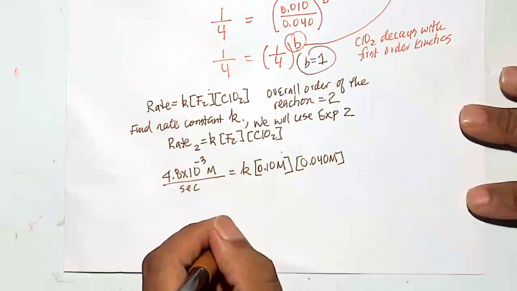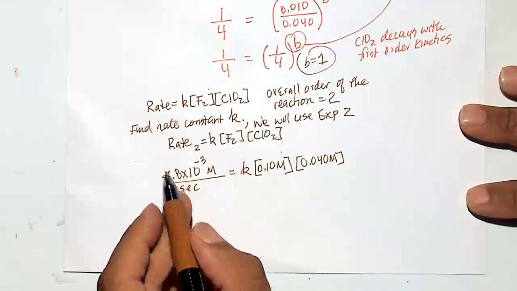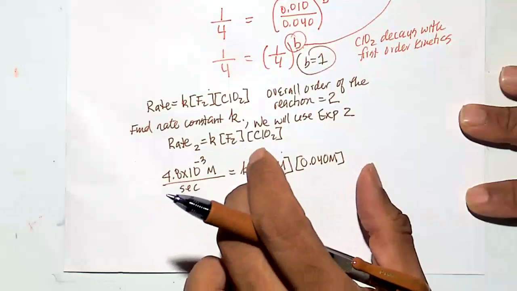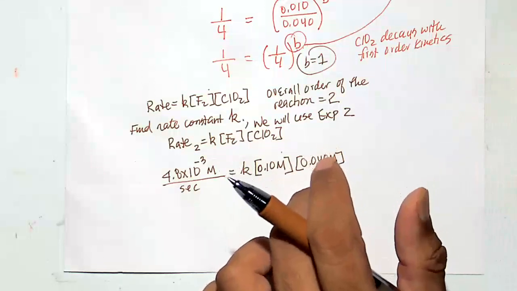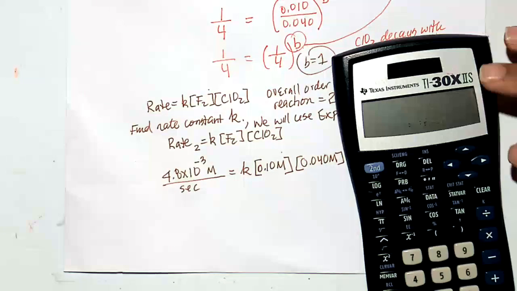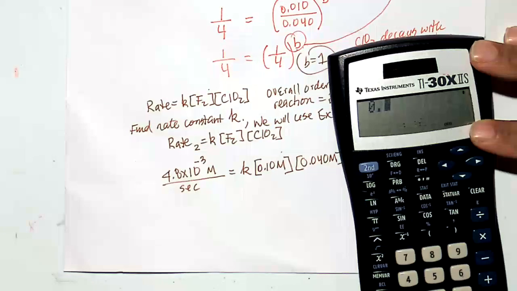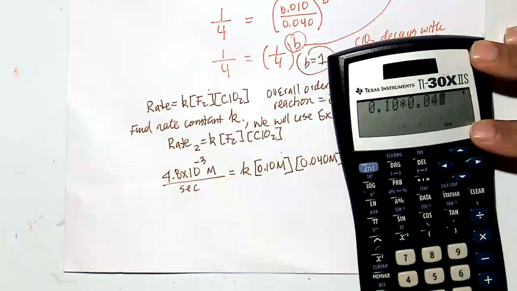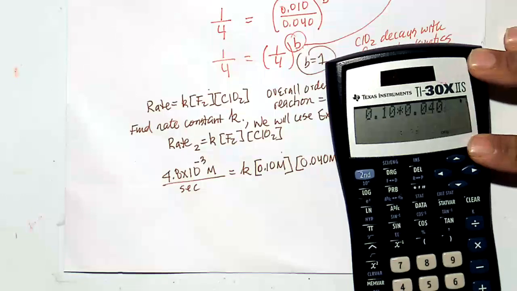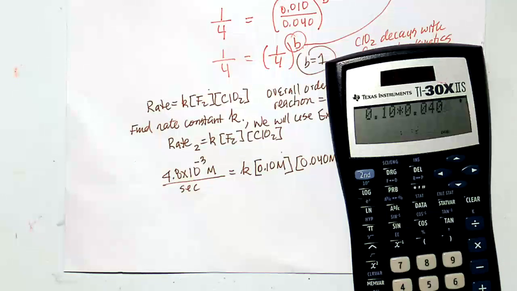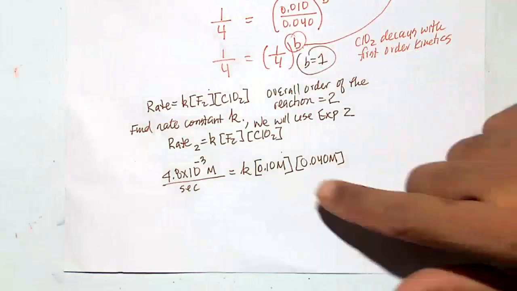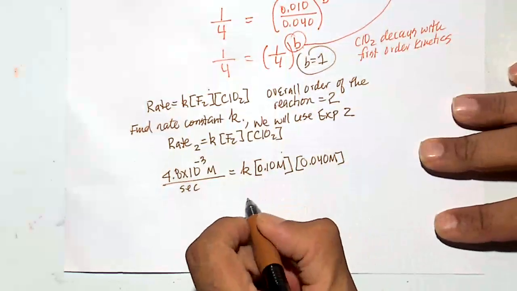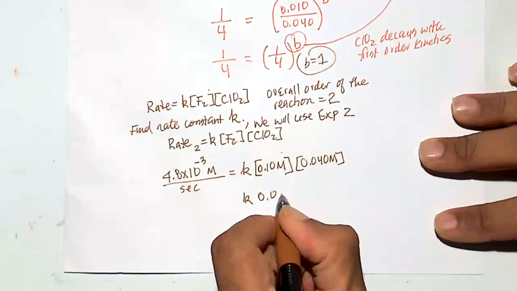All right, so now we have to do a little math here. What's 0.10 M times 0.040? What is that math? 0.004 molar squared. Don't forget to multiply the M's.